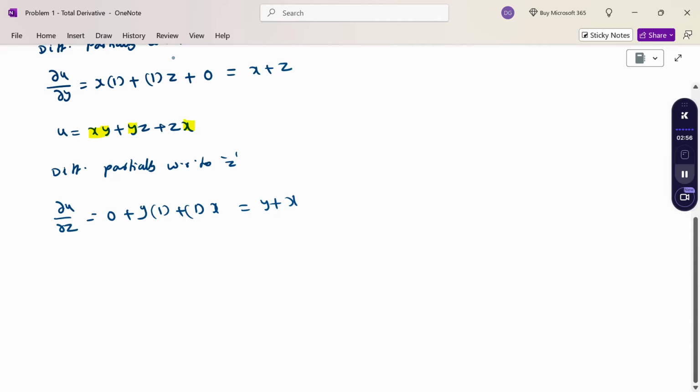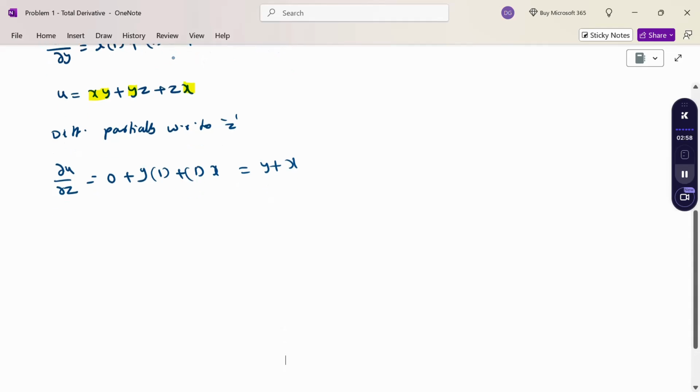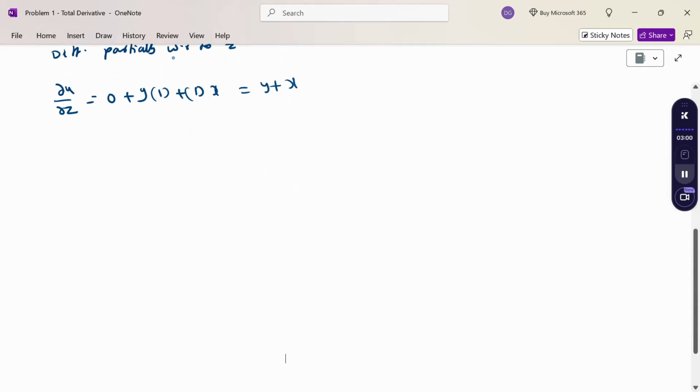So these are the values of dou u by dou x, dou u by dou y, dou u by dou z. Now what values are given? x is nothing but t. When differentiating with respect to t, x depends on the variable t, therefore dx by dt equals 1. Here t is the variable and x is a function.